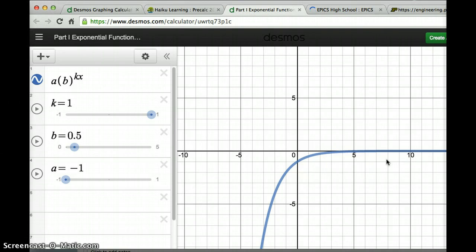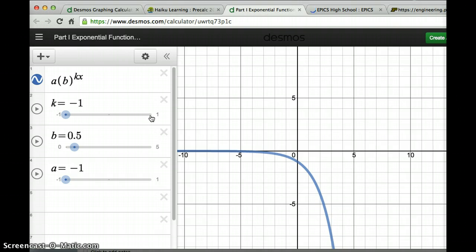As we move to the right, the function moves upward, which means it's growth. But if we have a second negative, if both a and k are negative, that means we have two reflections, which means it ends up the same as what we started with, no negatives. It ends up as a decay.